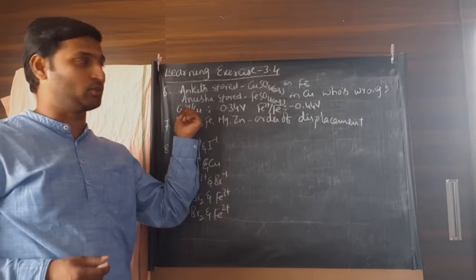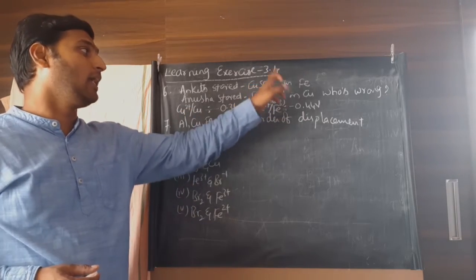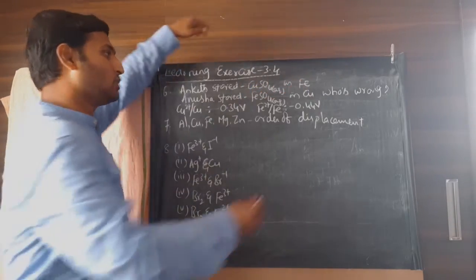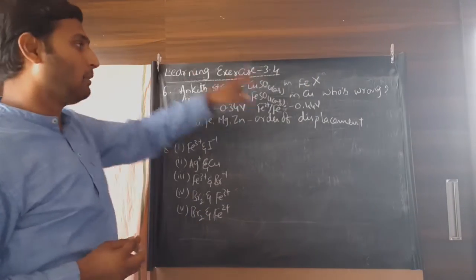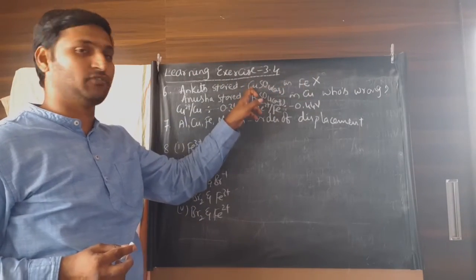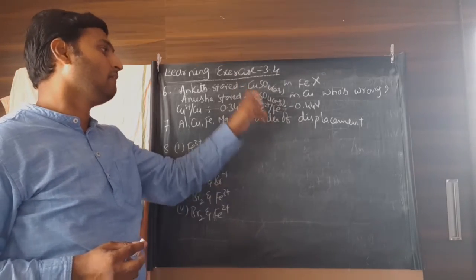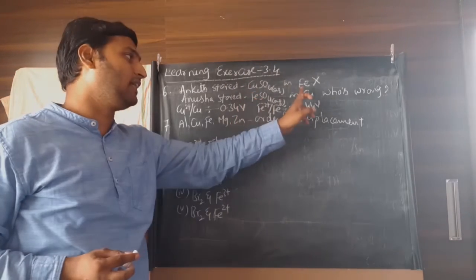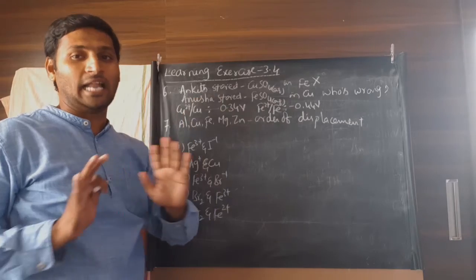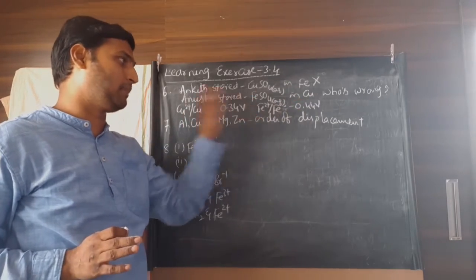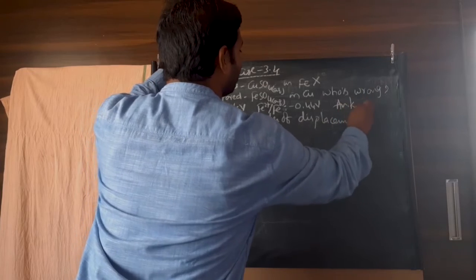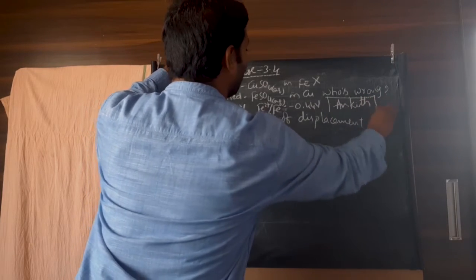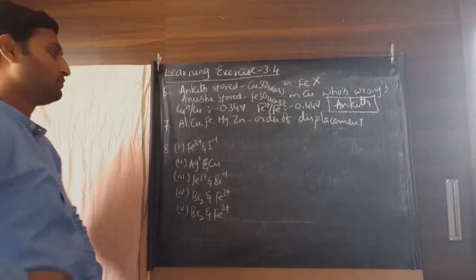You know it from school also. That's why placing copper sulfate solution in an iron vessel was a wrong approach, because iron can displace copper ions from copper sulfate solution. Whereas when ferrous sulfate solution is placed in copper, nothing will happen because copper cannot displace iron. So who was ignorant of electrochemistry here? Ankit was ignorant of electrochemistry.